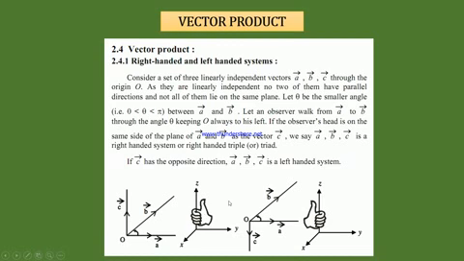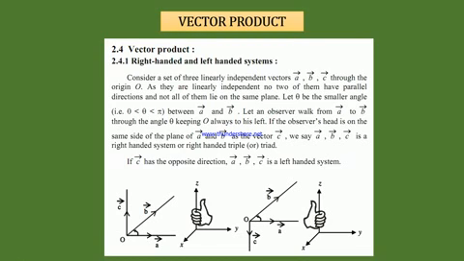That's why the thumb will be on top. If the C vector is below, in the opposite direction, while you are walking in the same way, then ABC is a left-handed system. So when it is a right-handed system, the C vector is on top. When it is a left-handed system, the C vector is down. This is the left-handed and right-handed system.